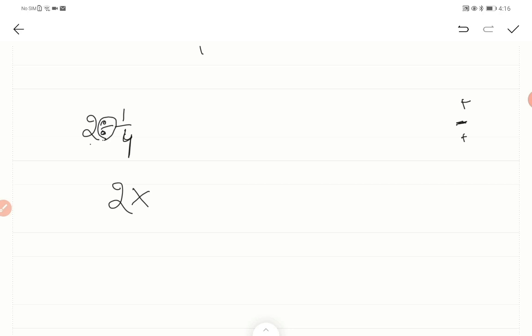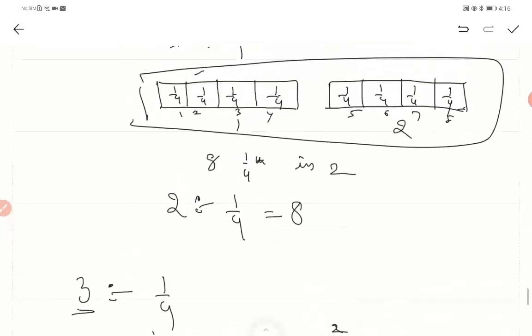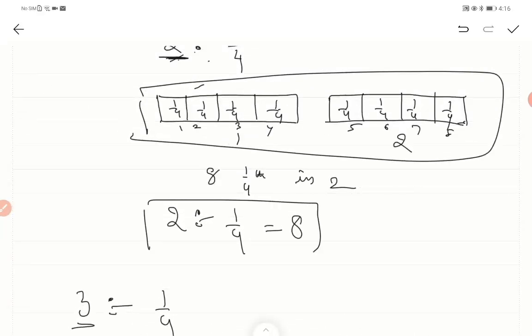In the same way, division is converted into multiplication using the reciprocal. Division and multiplication are just reverse. So I will take the reciprocal of 1 by 4, that will be 4. So I will get 8. That is what we got with the pictorial representation.